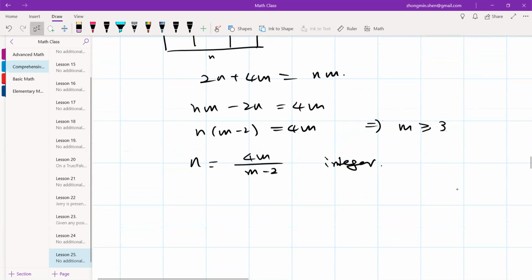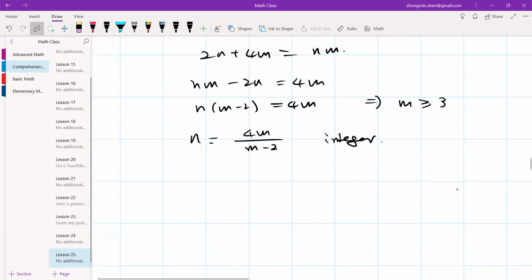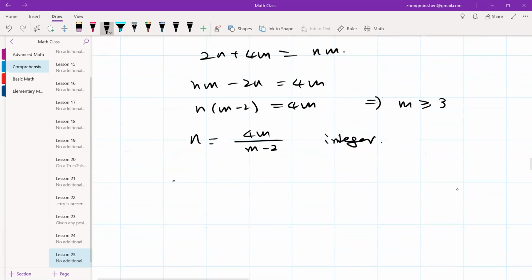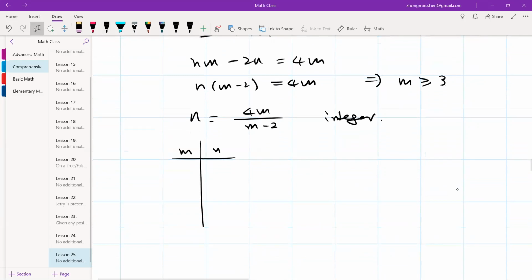All you have to do is take possible values for m and n. So you make a chart: this is the m, this is the n. So m starts from 3, 4, 5, 6, 7. You will stop somewhere. Why do you stop? Think about that.